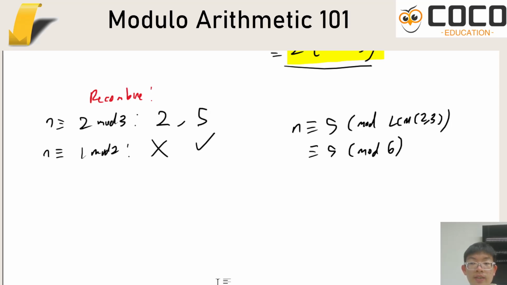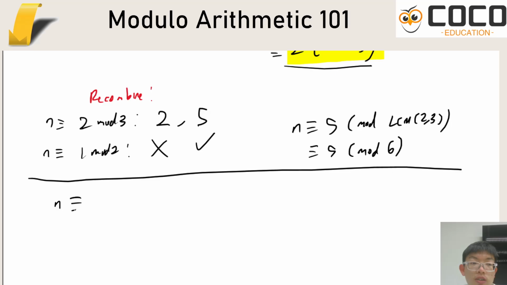As we are looking at this, understand that this can also be generalized beyond small numbers like this. Let's say that now I just concocted something random like n is 7 mod 11 and n is congruent to 12 mod 17.